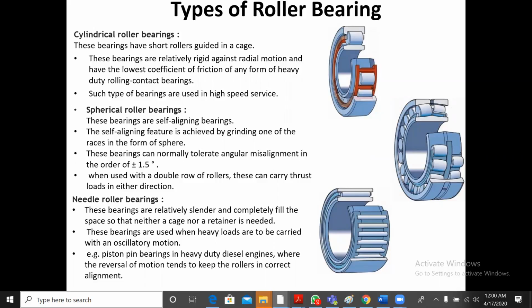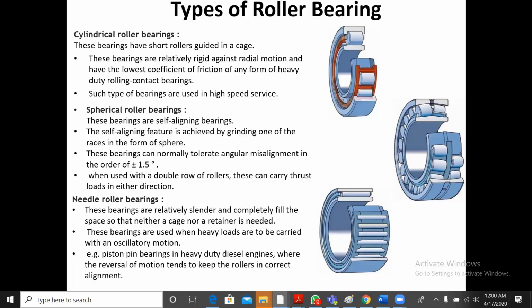So these bearings are relatively rigid against radial motion and have the lowest coefficient of friction of any form of heavy duty rolling contact bearing. Because this type of bearing is used for higher load, it has the least friction in its category. Such bearings are used in high speed services.